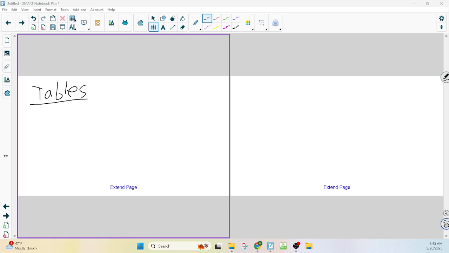So let's see what we got. All right, so we flip it around, we focus it, and then we will try to talk about a table. Let's see if I can find a better one here.